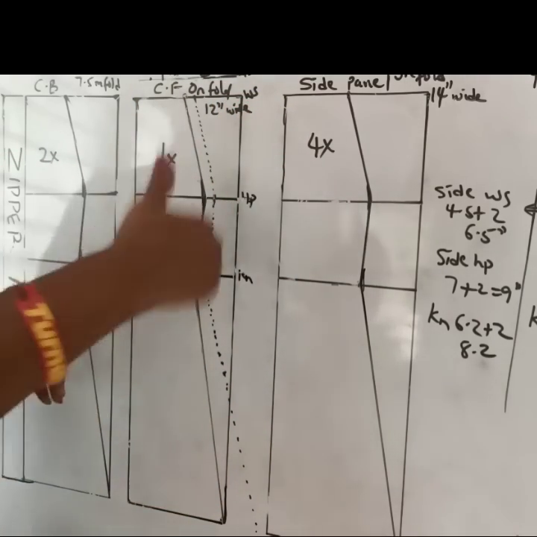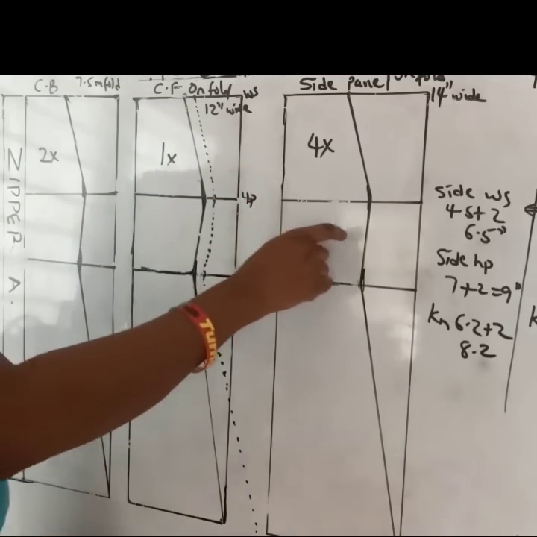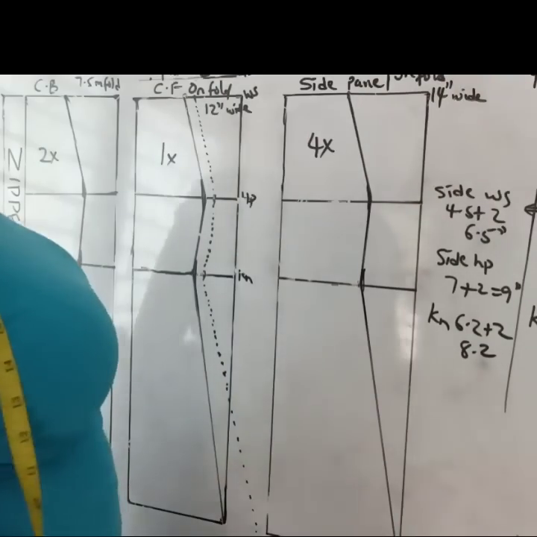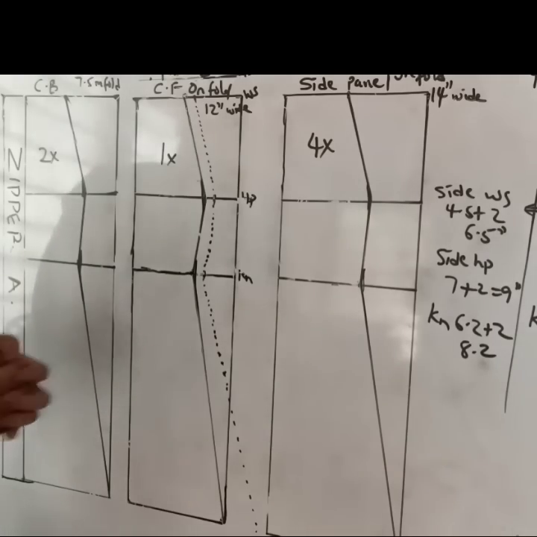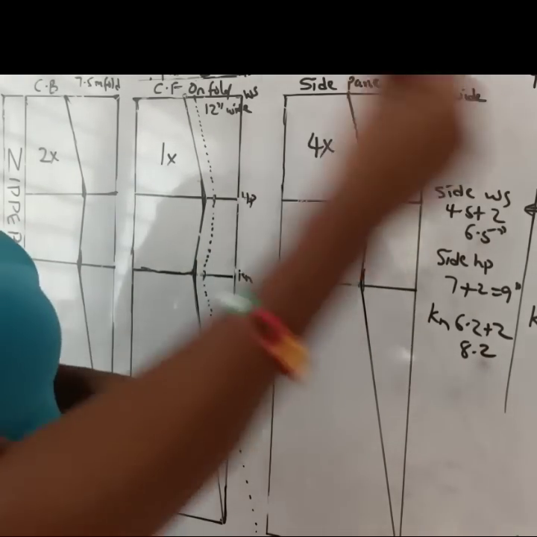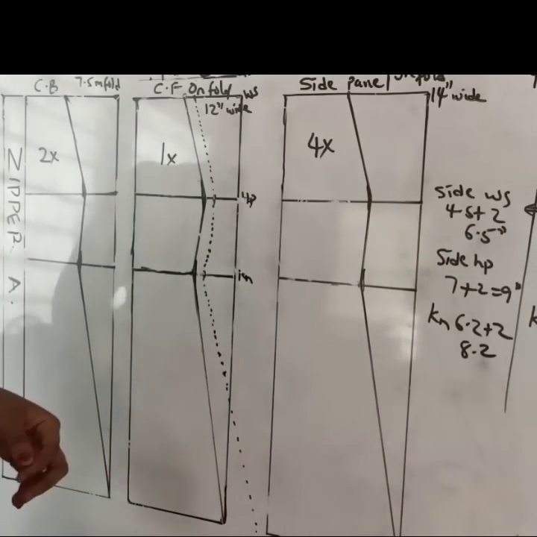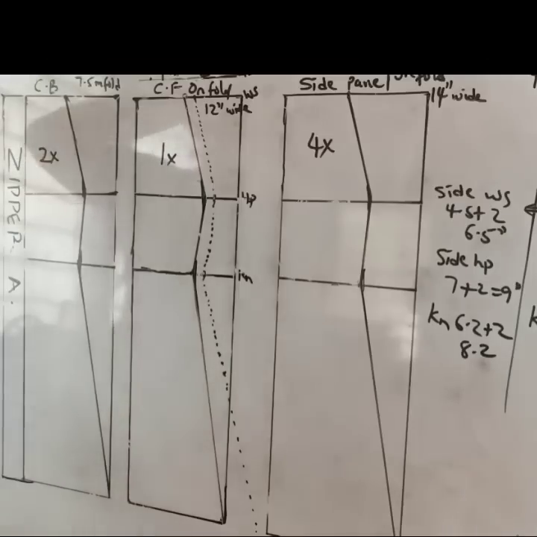So you can cut the one after the other. After cutting this, you now use this one to cut 3 more, so that the 4 will not be the same. Do you understand? Then you can now have them for the side. So that is just all for the 6 pieces skirt.